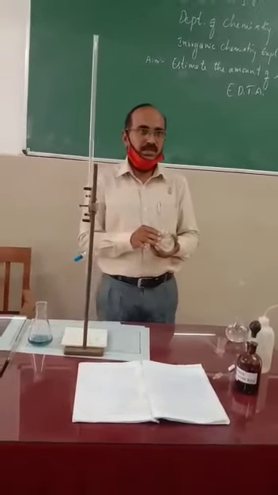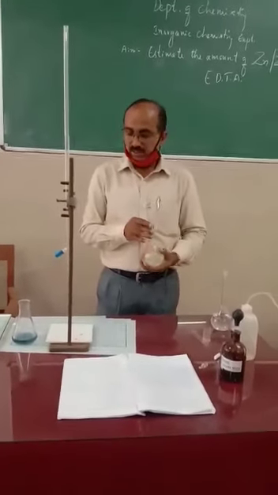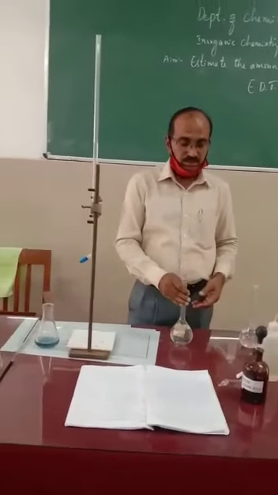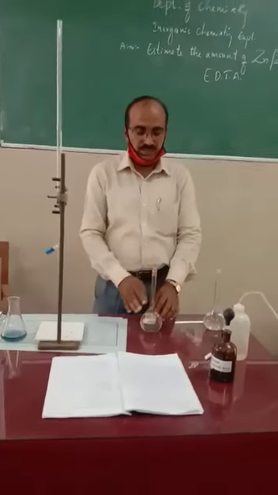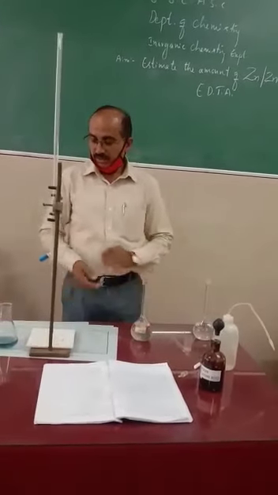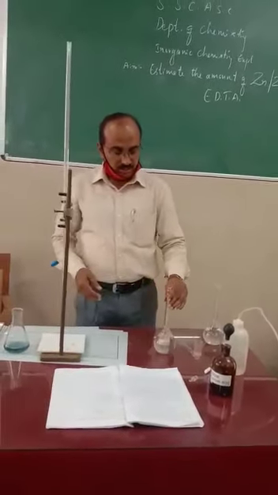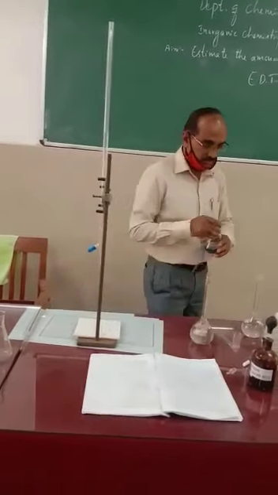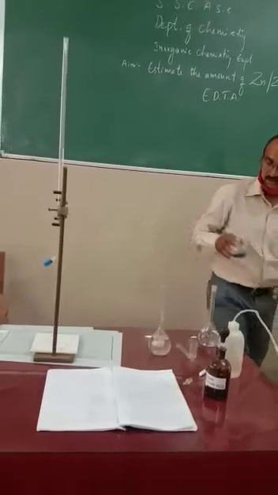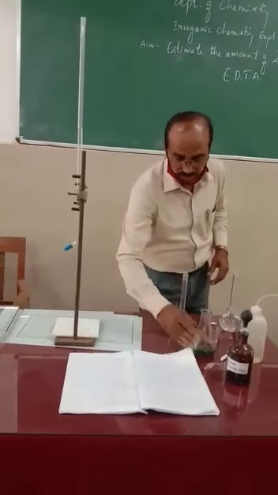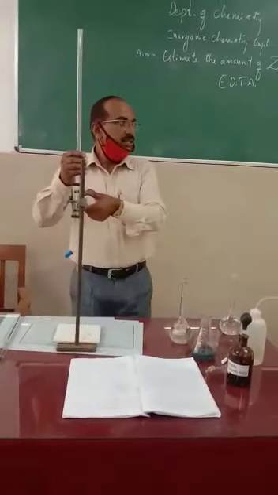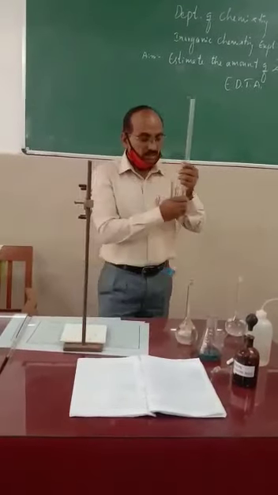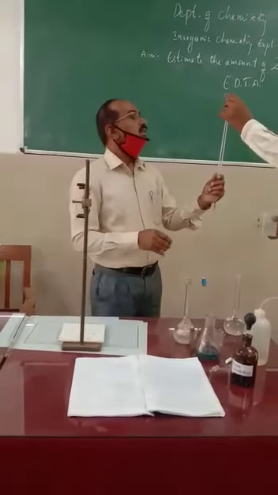We have already prepared the unknown solution, and from this we have to find out the amount of zinc sulfate present in it. In the third part, once again we first fill the EDTA solution into the burette.